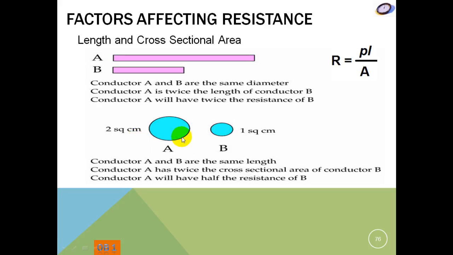Same thing here, if you increase the cross-sectional area, if you go from Bravo at 1 square centimeter to 2, then everything else being the same, the resistor that has twice the area will have half the resistance. Okay, so that's a good equation for remembering how resistance is calculated. Again, directly proportional to length, inversely proportional to the area.